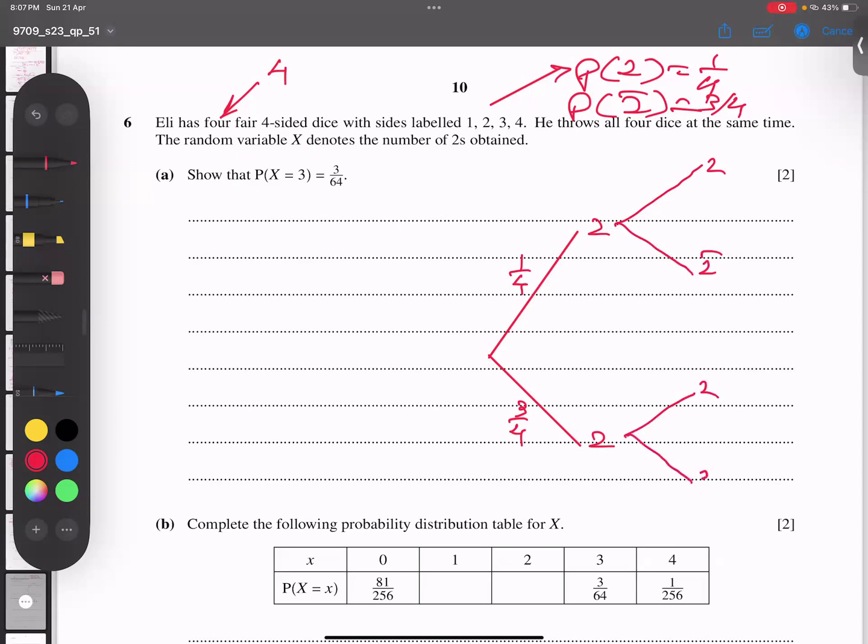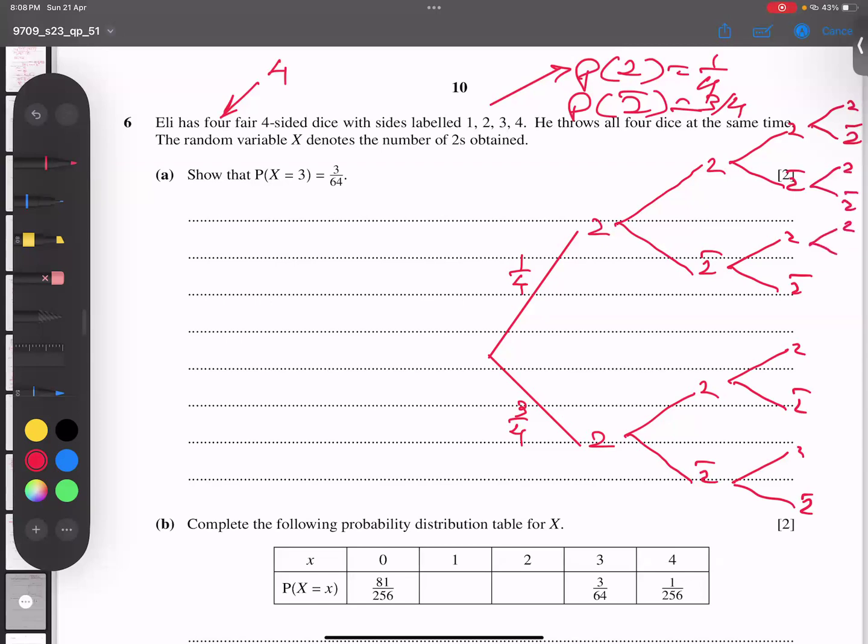I'm not writing all the branches; it is just for your understanding. Even if you showed the examiner, no problem.